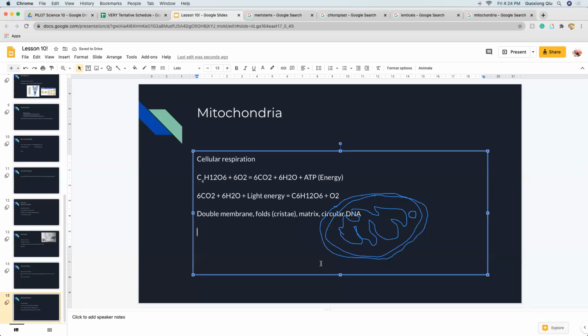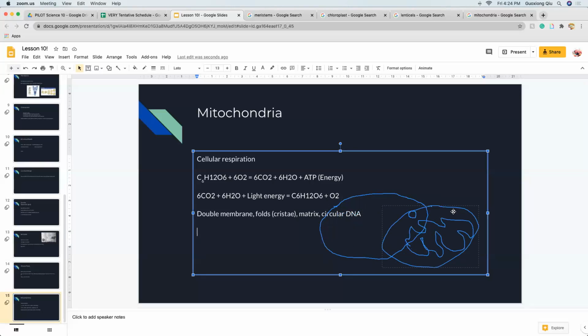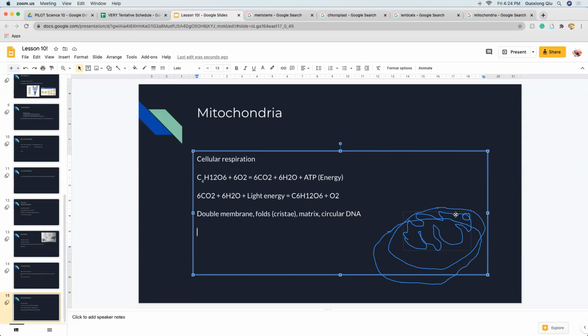My drawing covers up the... See if I can move my drawing. No, I cannot move my drawing. Oh, I can. There, now you can see my notes while looking at my drawing. Can I move the whole thing at once?